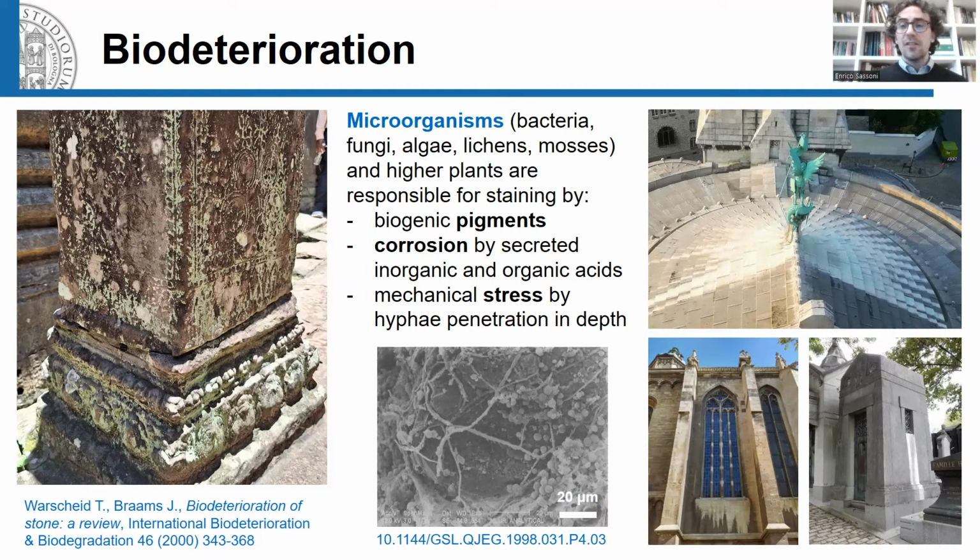On the right, you can see some examples of monuments that are covered by gray patinas, which is constituted by the microorganisms, while the whiter parts are parts where these microorganisms do not develop, where they are killed by metal ions that are released by bronze or lead elements that are adjacent to stone.